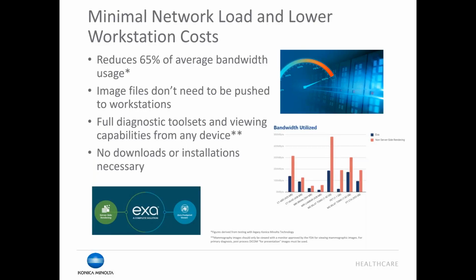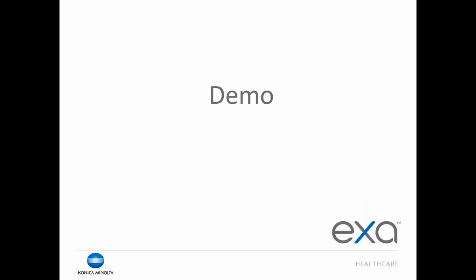And it's generally a minimum of 50% bandwidth reduction when you start using Exa. That's because we can simplify the workflow, and we're pushing less data around just with server-side rendering anyway. So this is without compromise. I want to emphasize that also. You're not giving up anything to have all of that functionality.